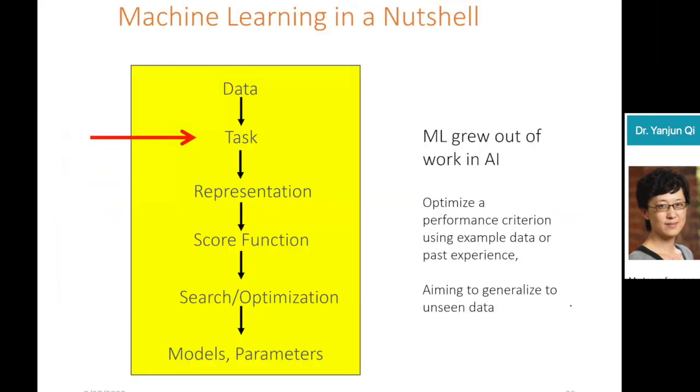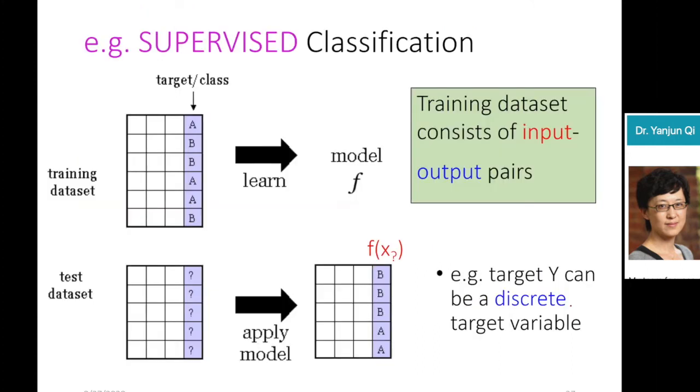All right, so we finished the data component. Now let's come to the task component. Almost the majority of the machine learning literature and education, if you look at how most universities arrange their machine learning lectures, is according to the tasks.